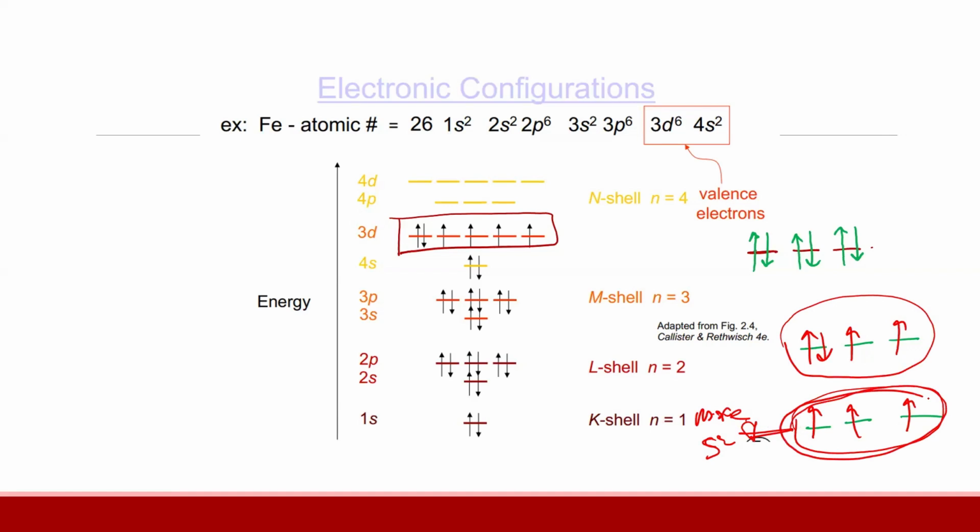When the subshell is half filled, it is also more stable than having less or more. We are going to use this information later on, so we need to know that. I hope you understand. Fully filled is fully stable, but half filled is also comparatively stable than the other non-half filled ones. Make sense?